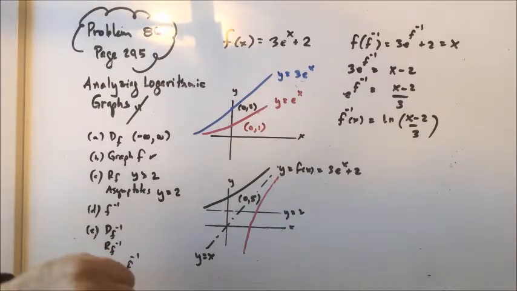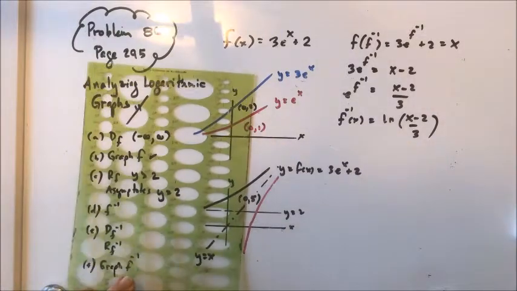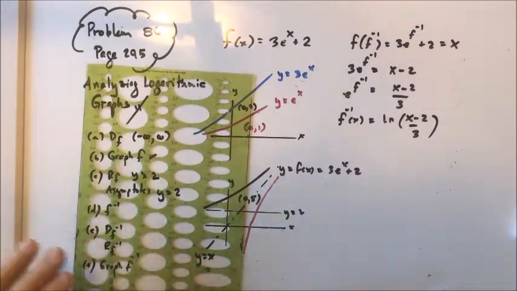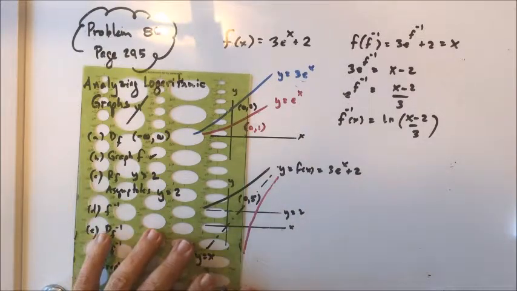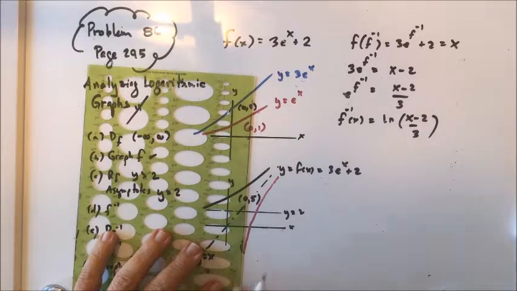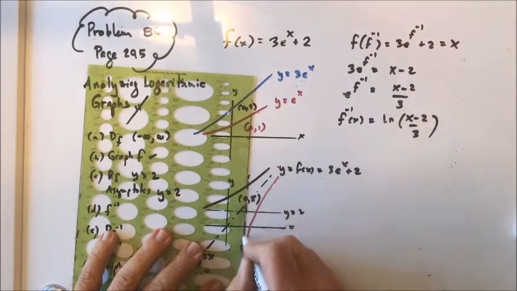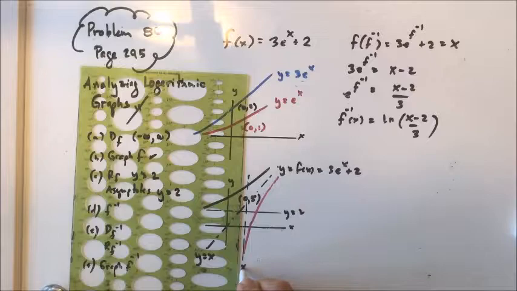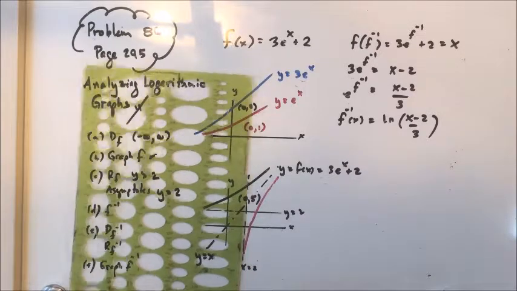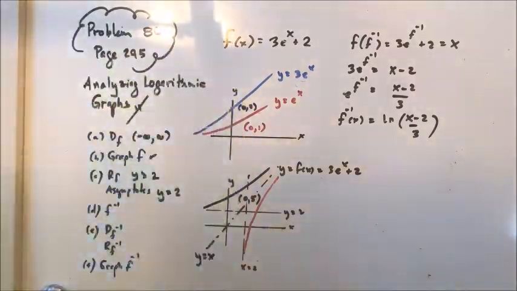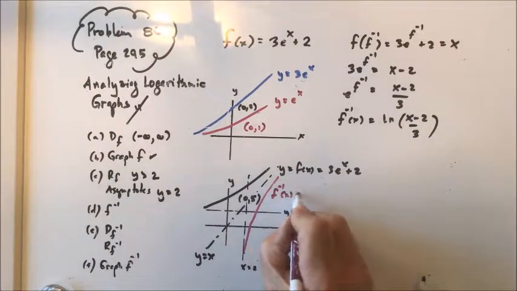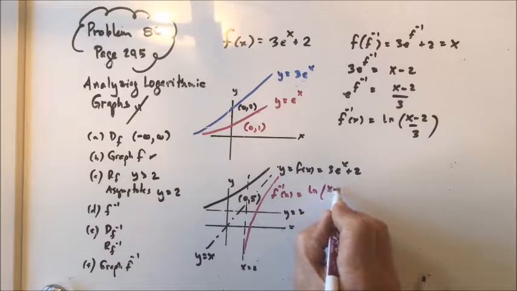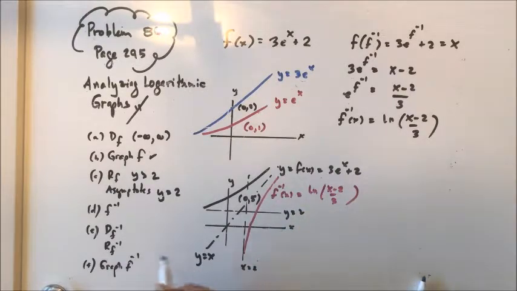Right? And there is a vertical asymptote here. This horizontal asymptote on f turns into a similar vertical asymptote on its inverse. So that is the line x is equal to 2. So given that, this is the inverse function. F to the minus 1 of x is equal to the natural log of x minus 2 all over 3.